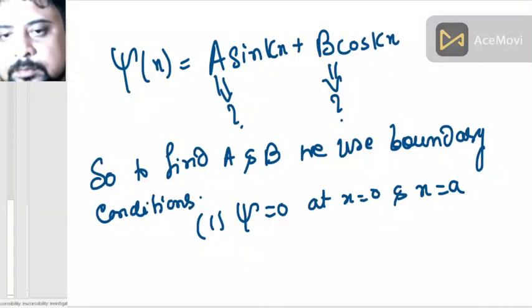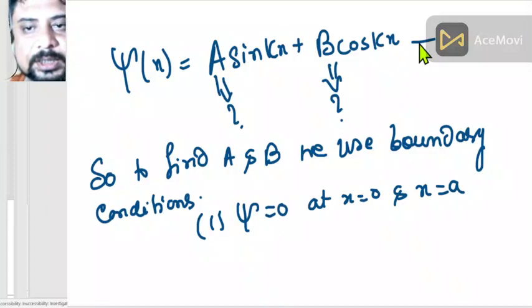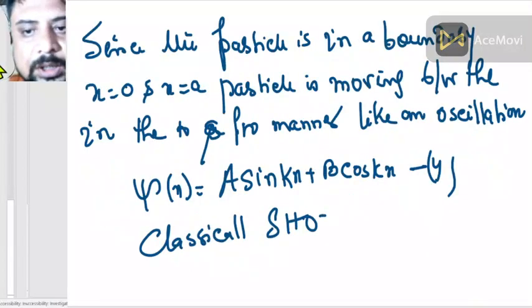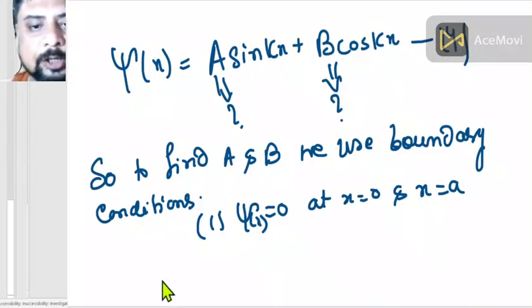What are the boundary conditions? Psi is equal to 0 at x equal to 0 and x equal to a, because the particle is moving between x equal to 0 and x equal to a. It is not coming to rest at these points, x equal to a and x equal to 0. So the wave function is 0 over there.